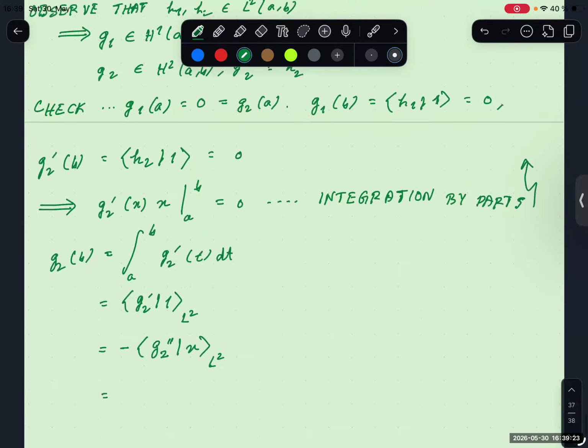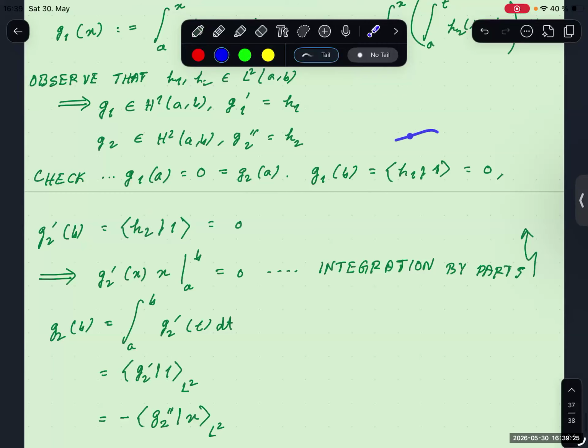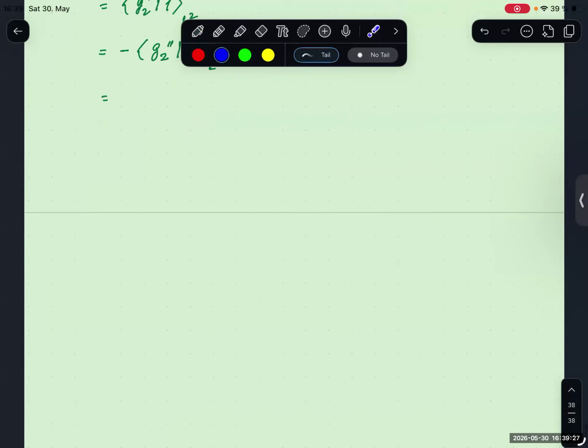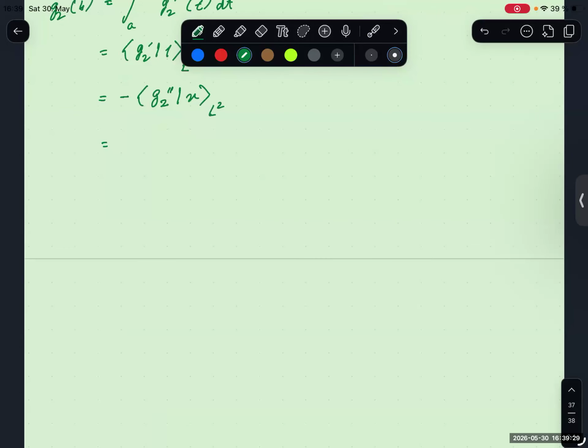And then also this property we have seen here gives us minus h2, x in L2, and we have seen that this is 0.